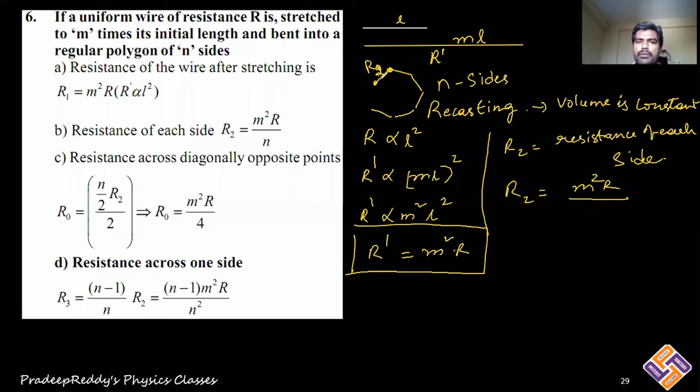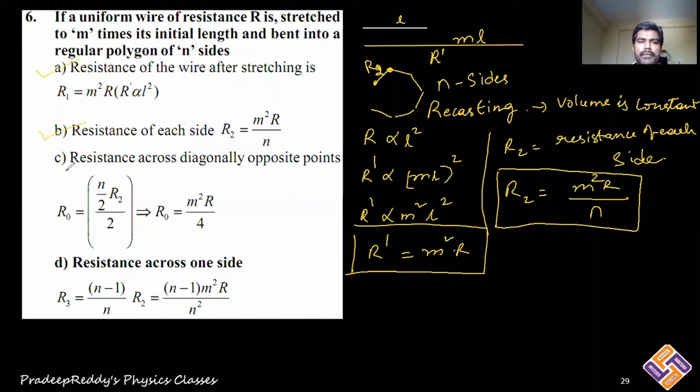You are asked to find the resistance of each side. How many sides are there for this polygon? n sides. Therefore, you just divide by n. So R2, which is the resistance of each side, will become m square R divided by n. That is R2. This is A completed, B completed.